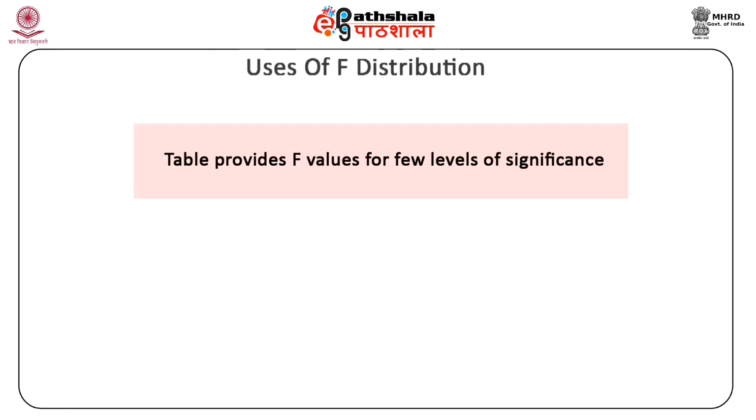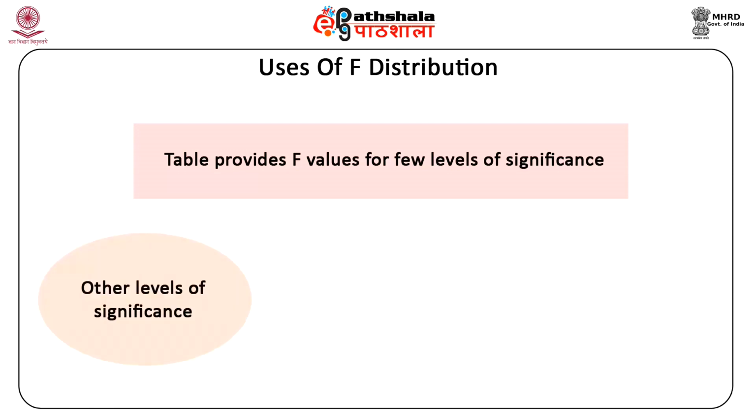The table provides F values for a few levels of significance. In order to find values for the other levels of significance, we use the following result: F of 1 minus alpha, nu1, nu2 is equal to 1 upon F of alpha, nu2, nu1.